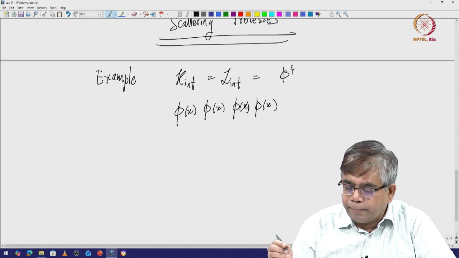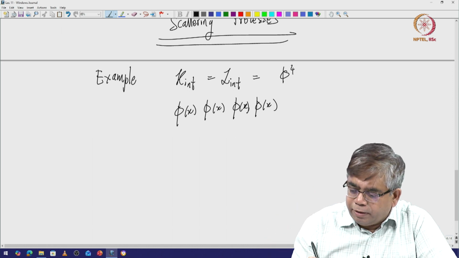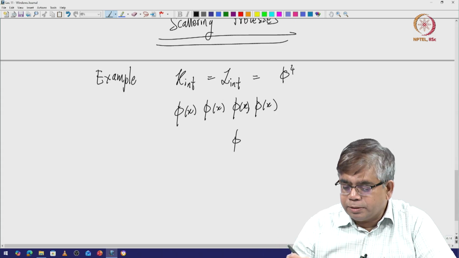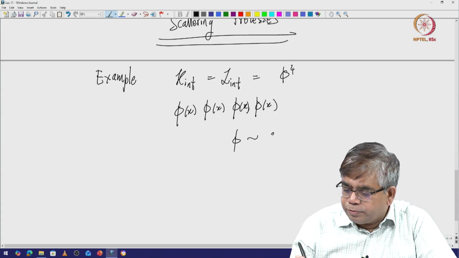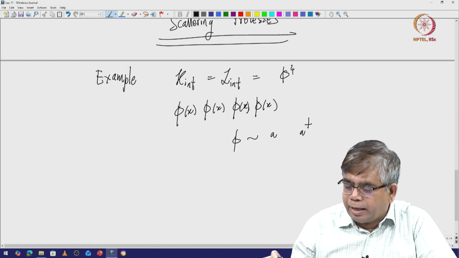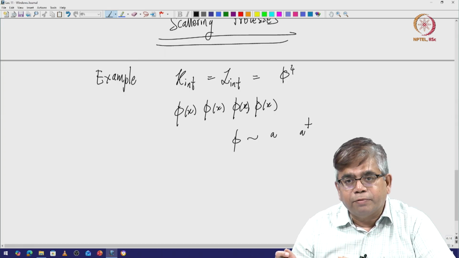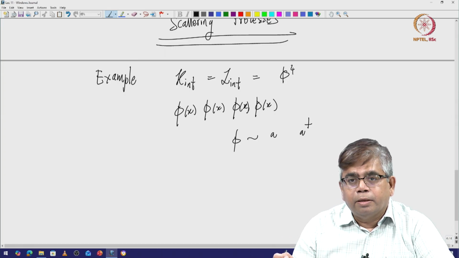Each phi, if phi is real, and then we'll make it complex and see what happens, has an A and an A dagger.